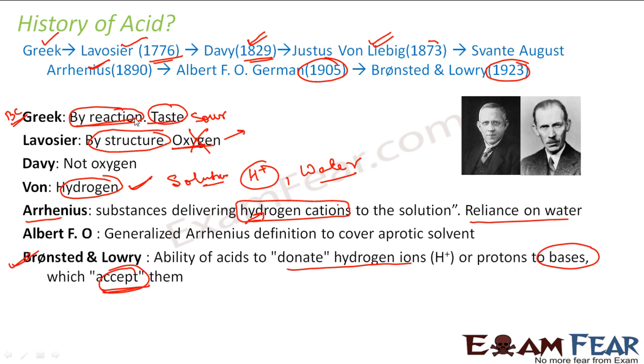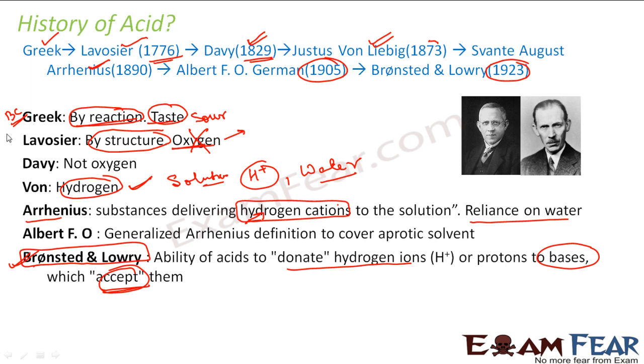If you see the definition change from the Greeks in BC, Lavoisier came with the idea of structure, then Davy, then Arrhenius, and then finally Bronsted and Lowry. So this is the most accepted definition for acid: anything that donates hydrogen.